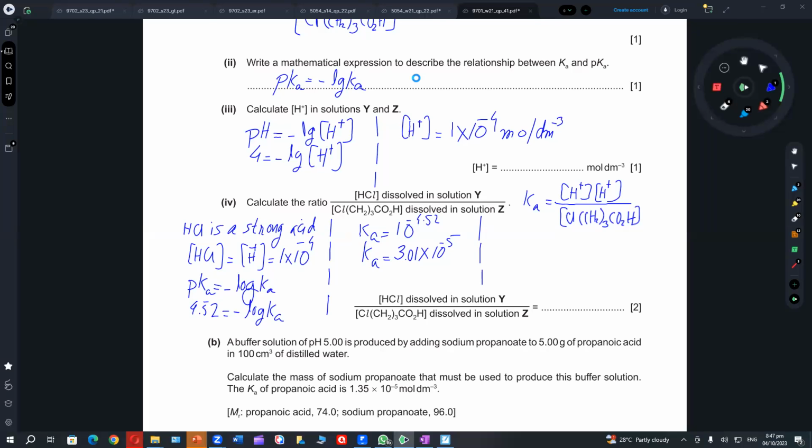Now, this is the position. I have the H plus concentration and I can put it here. So you have to make a square divided by Ka.